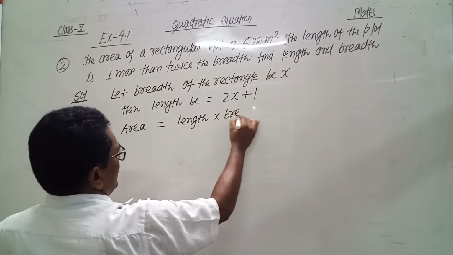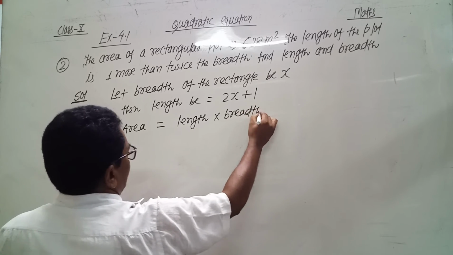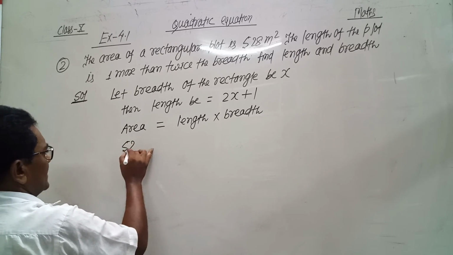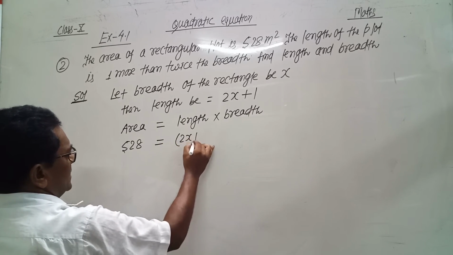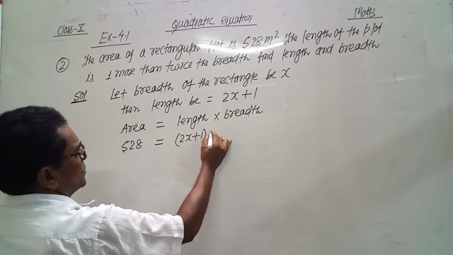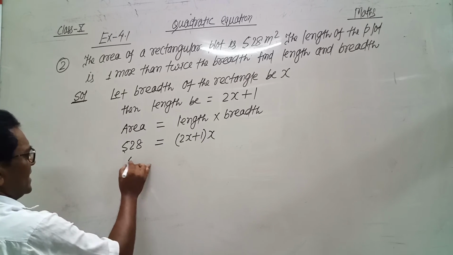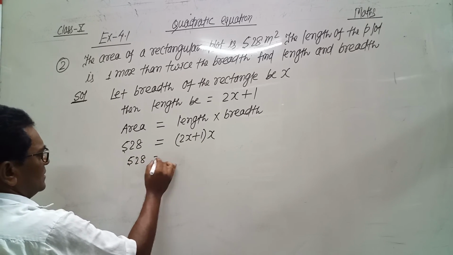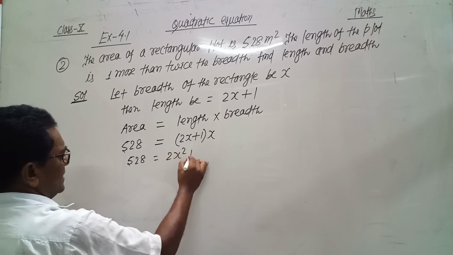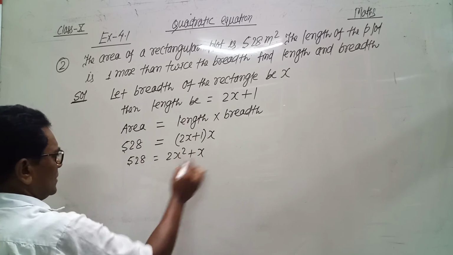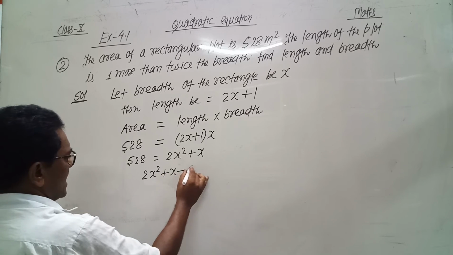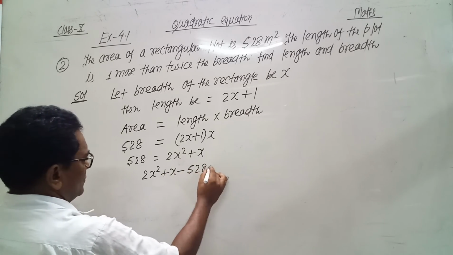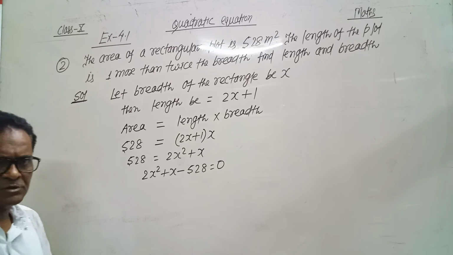This is the formula for the area of a rectangle, and the area is given as 528, and the length we get is 2x plus 1, and the breadth we have supposed is x. So we get the quadratic equation 2x square plus x, and 528 goes to the right side and becomes negative: 2x square plus x minus 528 equals 0.